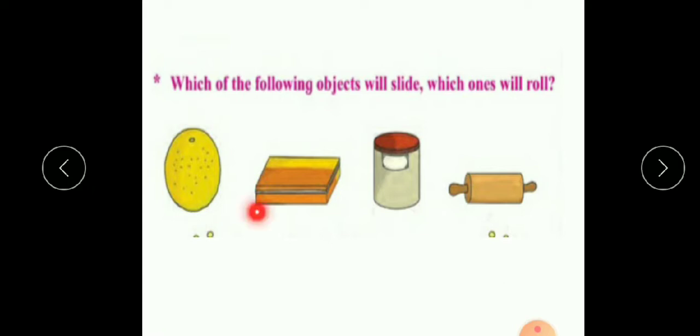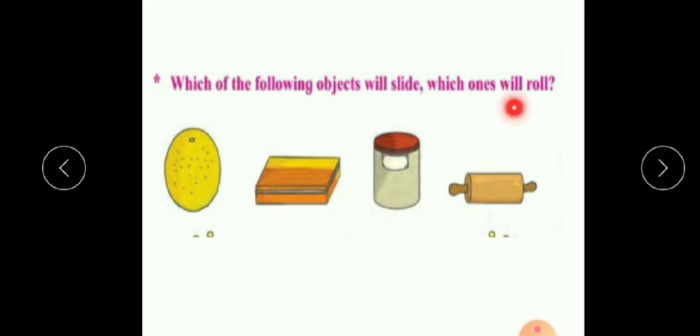Okay, so the objects whose base is flat will always slide. Generally, flat objects will slide.